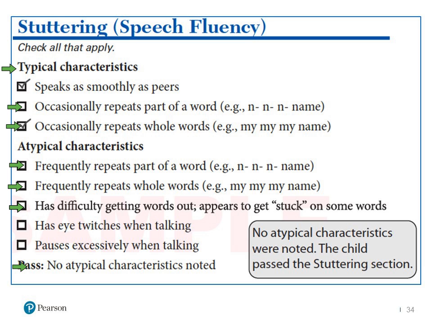Also, if we look at the last three here, that would indicate to me that they're not speaking as smoothly as their peers are. So if we can say that they speak smoothly and they only occasionally repeat either words or part of words, then we can pass them in this situation. So no atypical behaviors will pass the child for this section, and in our example, that's the case.